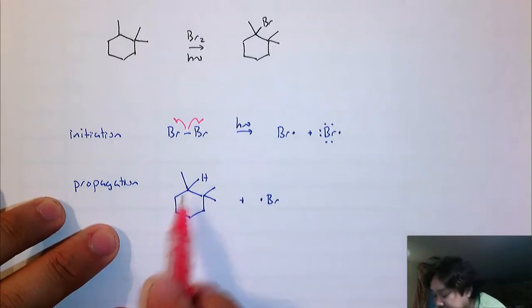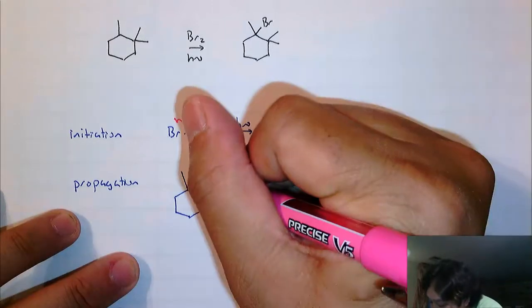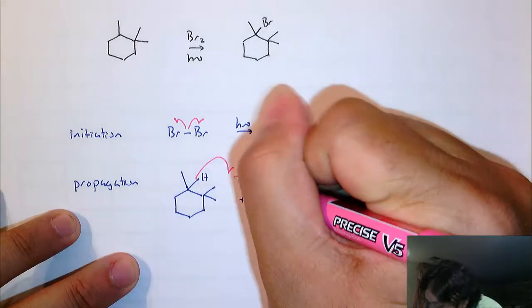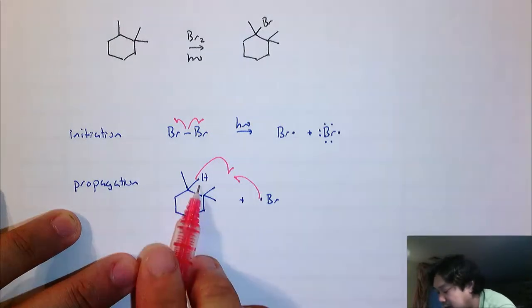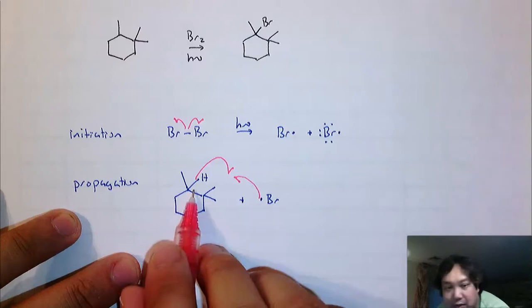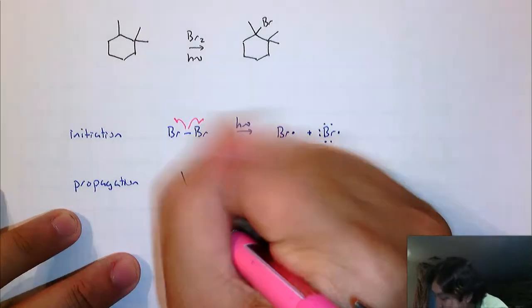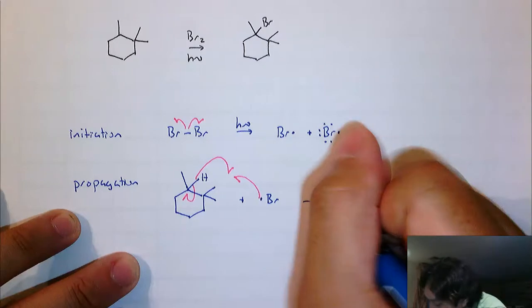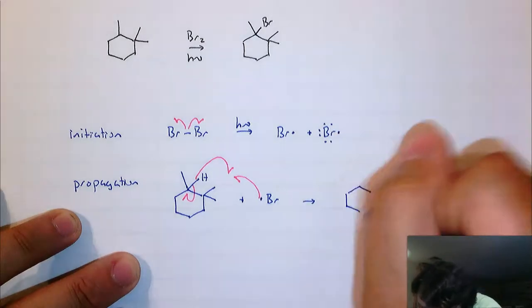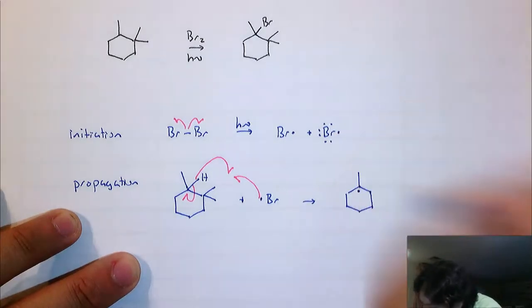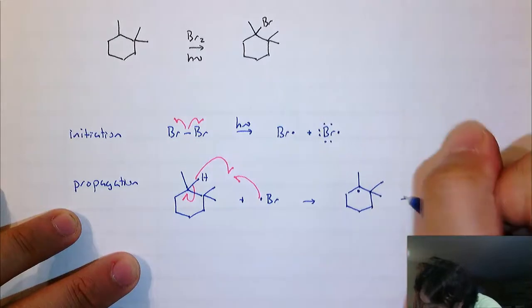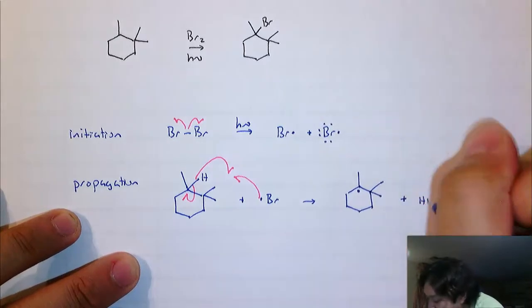I'm removing this because I want the tertiary radical. I say meet in space to bond the hydrogen and the bromine, and then take one electron in the bond and put it as the unpaired electron. There's a radical, and we did create HBr.